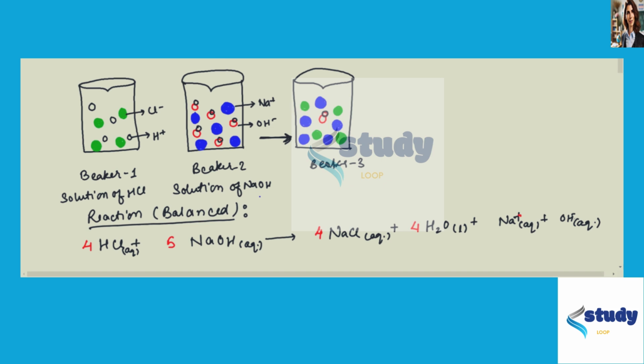So this whole makes 5 NaOH, right? 5 Na plus ions should be there. Here we have OH minus and we have 4 OH with the liquid, and this must not be taken. We are just balancing the equation, but H2O is just a liquid which is making a solution only. We are talking about only ions.